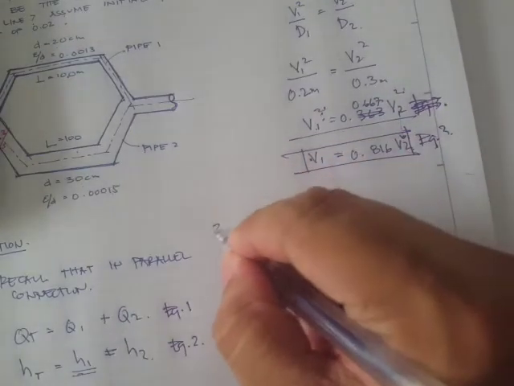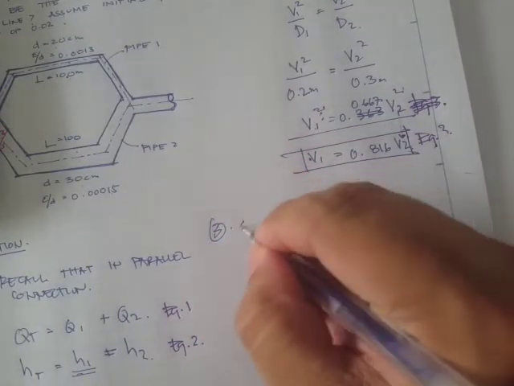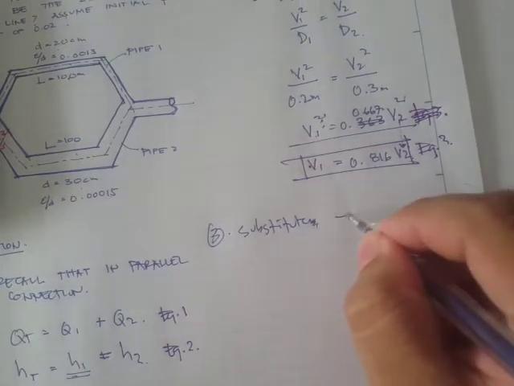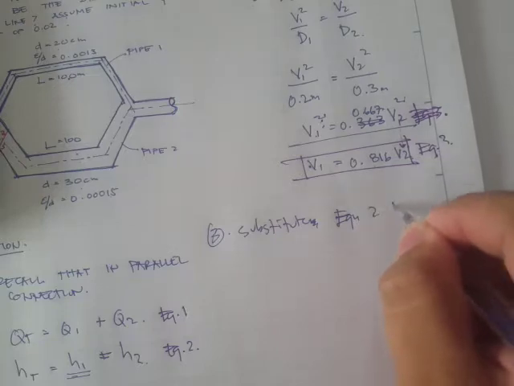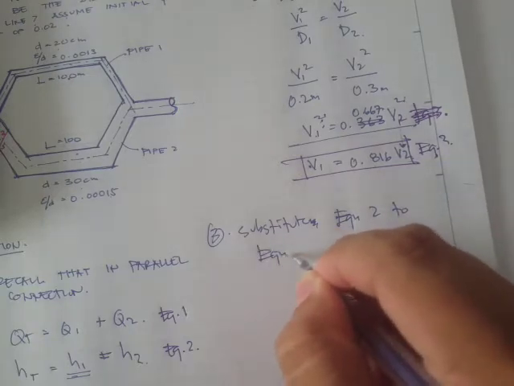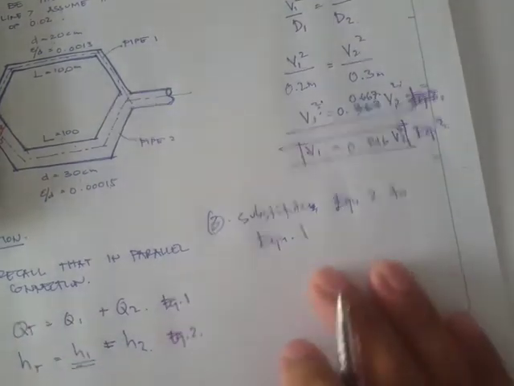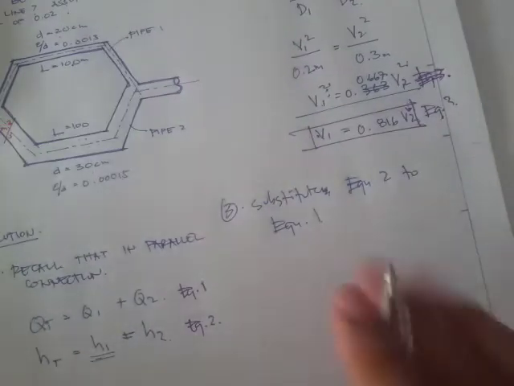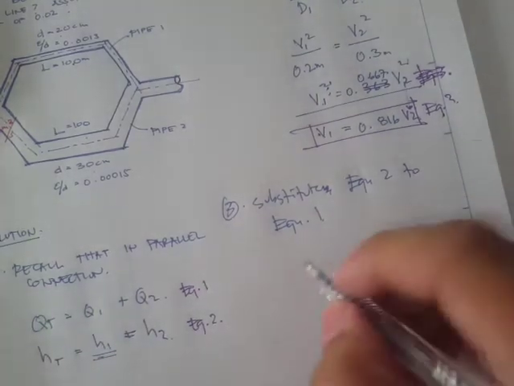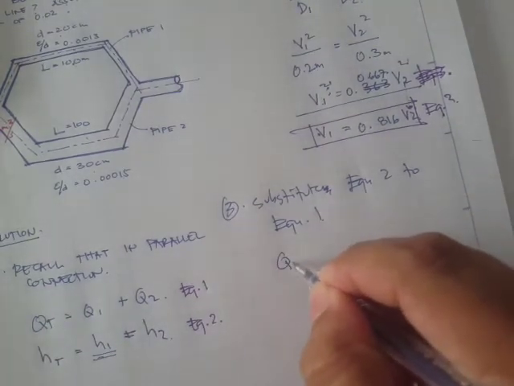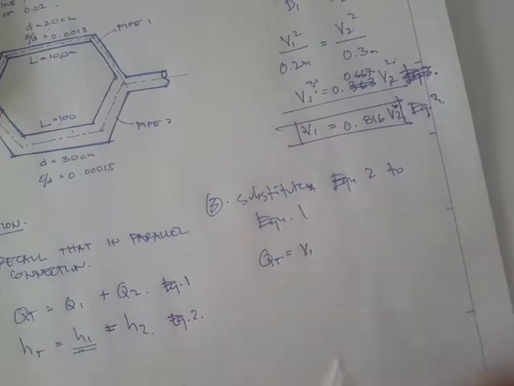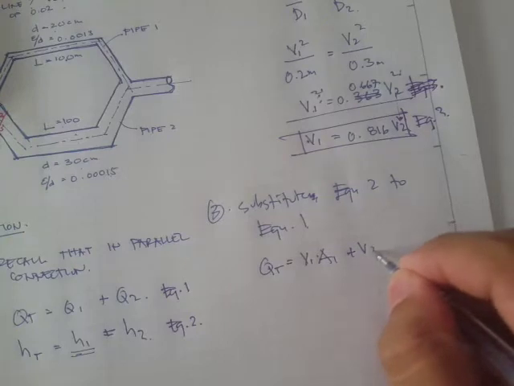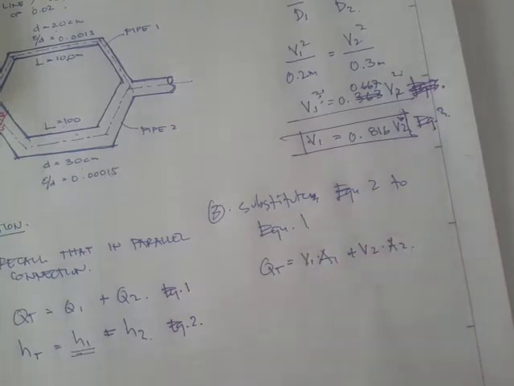Okay, so the next step is to substitute equation 2 to equation 1. This is our equation 1, and we know that the Q total is equal to the velocity at 1 times the area at 1, plus the velocity at 2 times the area at 2.